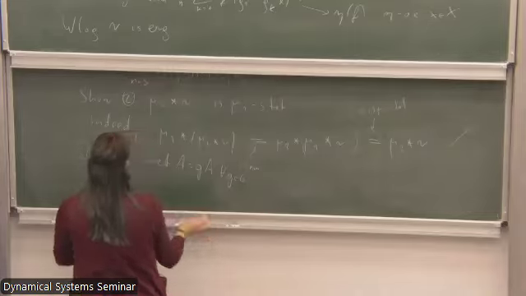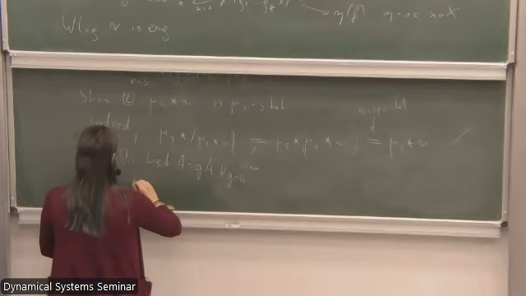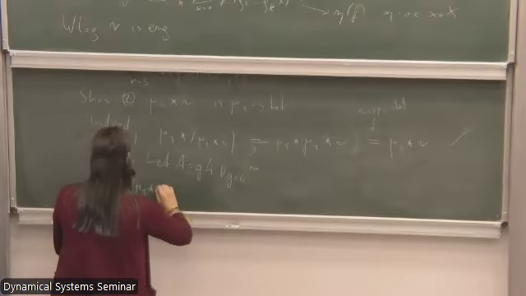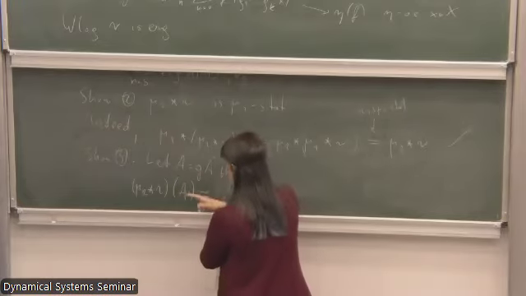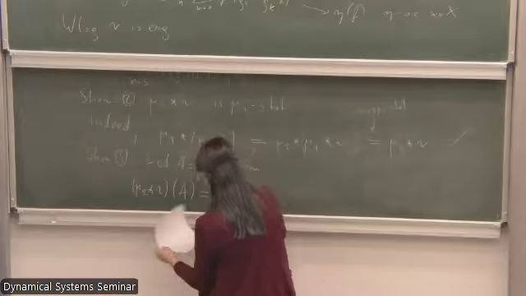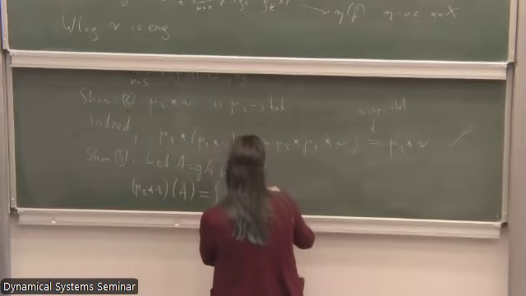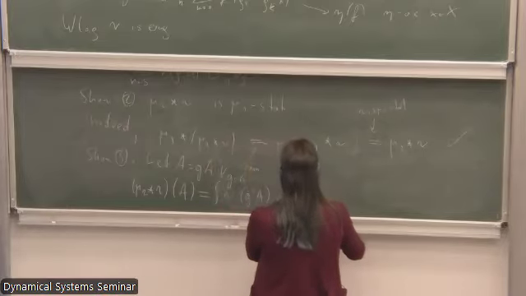So we have mu2 convolved nu at the set A. This is by definition just the integral of nu of g inverse A d mu2 of g.